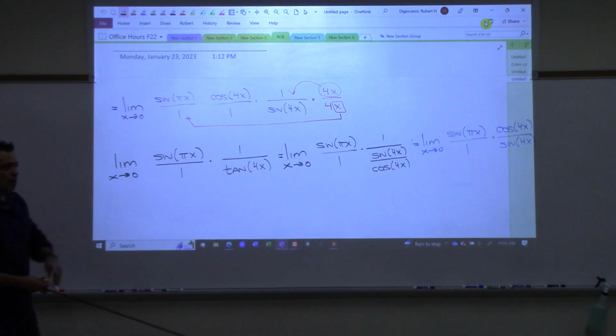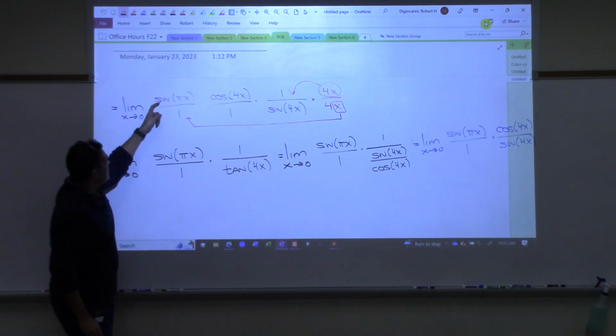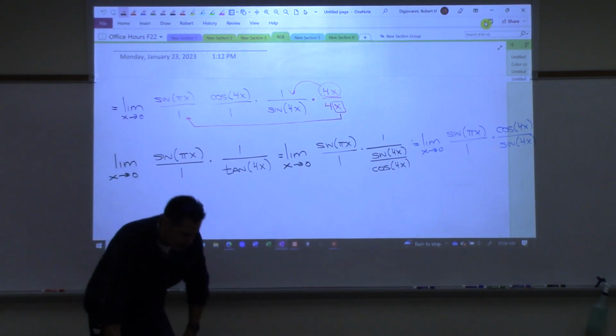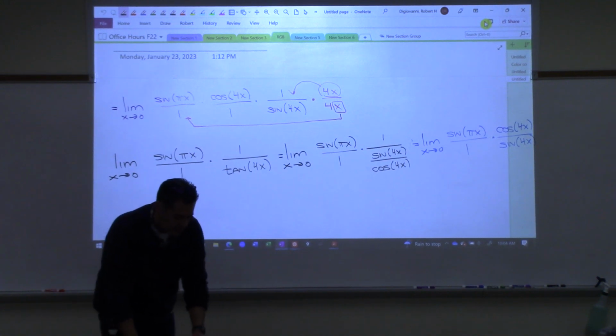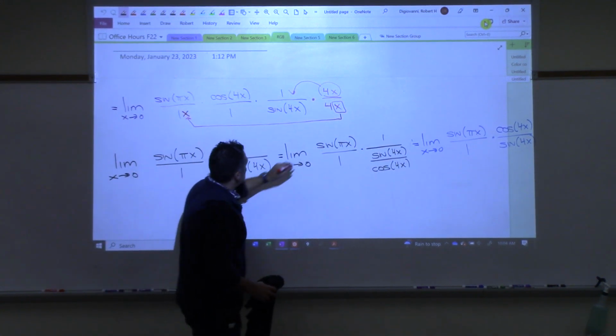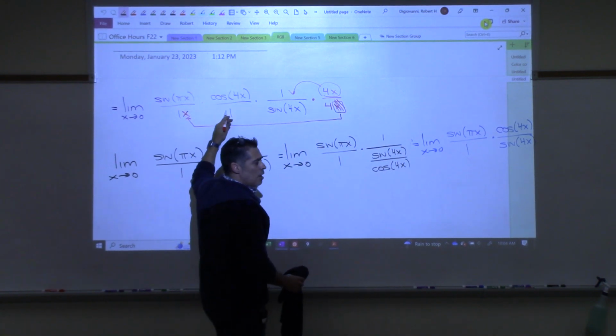So let's just recap. What we have right now is sine pi x over x, right? Would y'all like me to write it there? Okay, so this x has now been moved here, which means it's no longer here, right? Cosine 4x over 1.